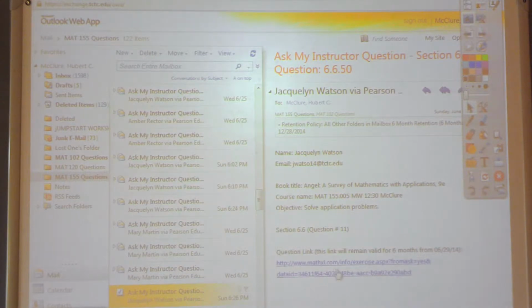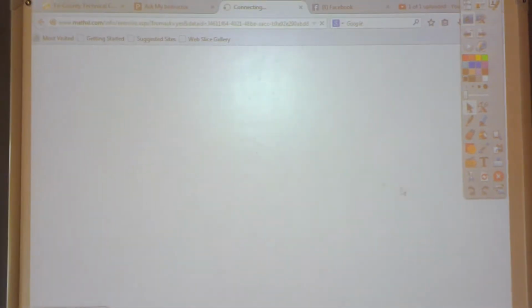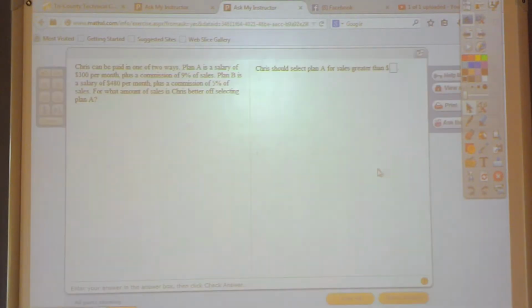Six point 50/11. Alright. Chris can be paid in one of 2 ways. Plan A is a salary of $300 per month plus a commission of 9% of sales. Plan B is a salary of $480 a month plus a commission of 5% of sales.